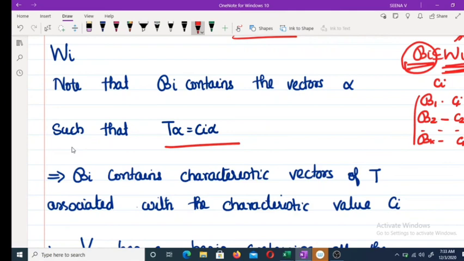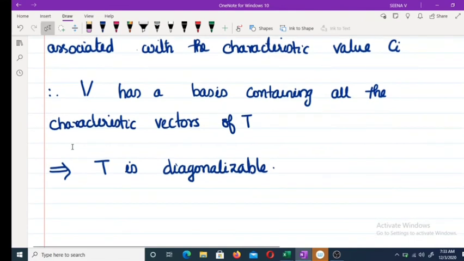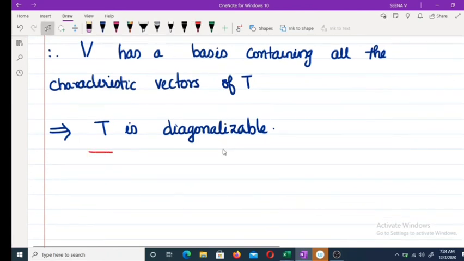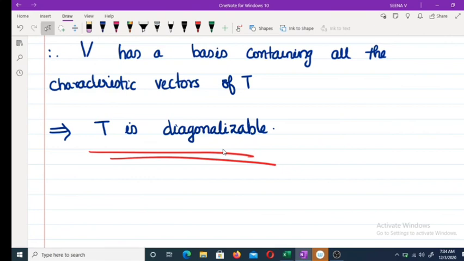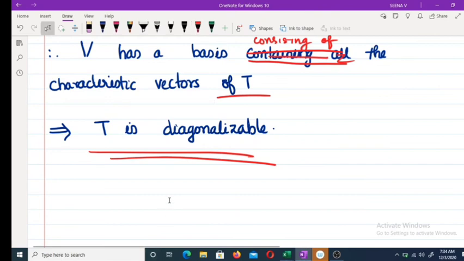That means all elements of this set are characteristic vectors. Thus, V has a basis consisting of characteristic vectors of T. This implies T is diagonalizable.